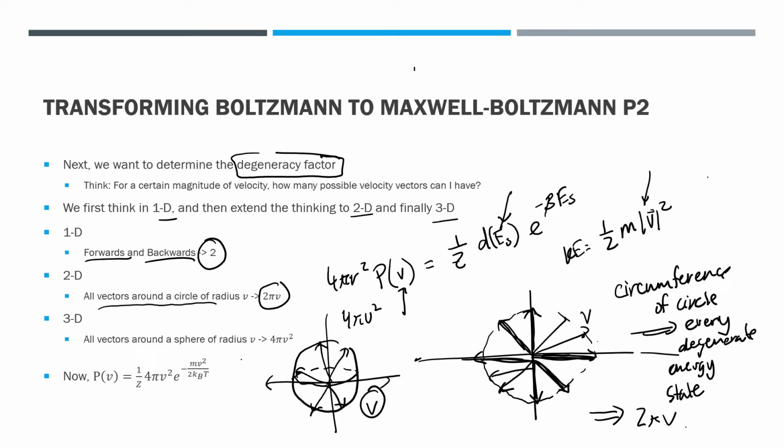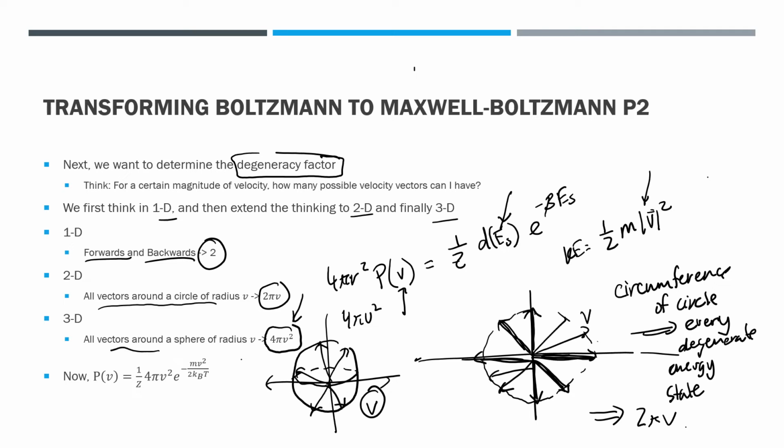And that's what I've written for the 3D. So all vectors around a sphere of radius v gives a degeneracy of 4 pi v squared. Because we're looking at a 3D world where gas particles can move in all 3 dimensions, this is our degeneracy factor.